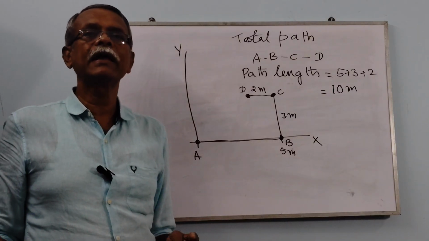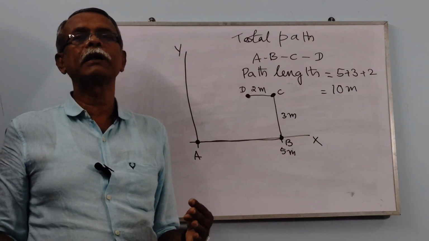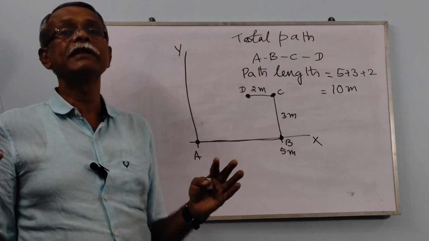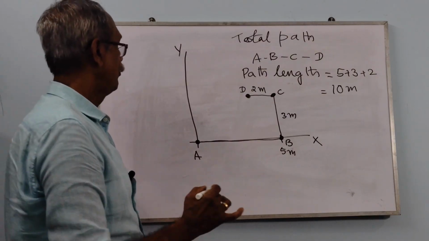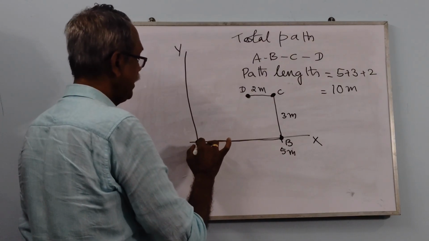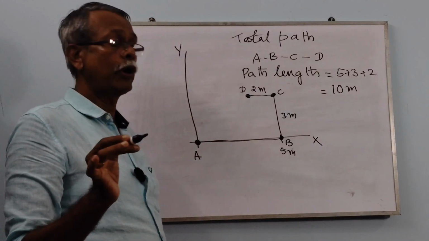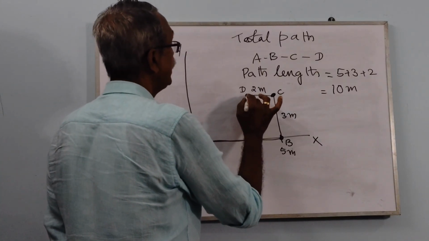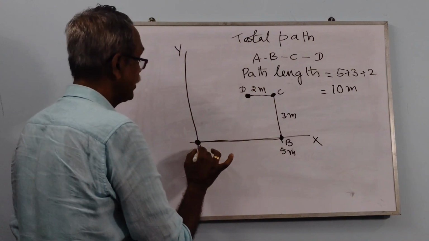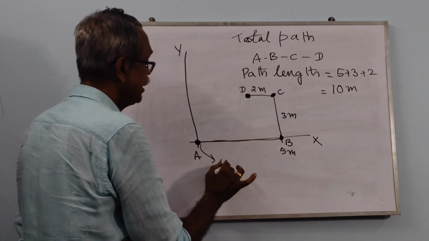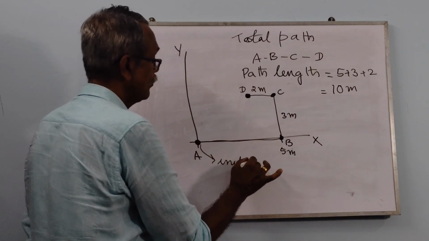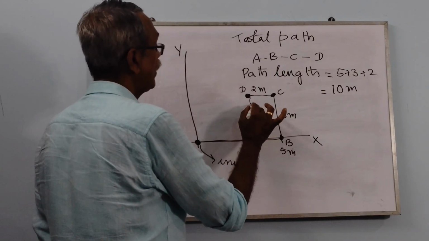So we understand that the path length of the particle is 10 meter. Now, from this point A, which is the initial point, to this point D, which is the final point.